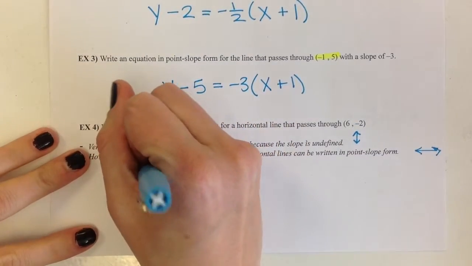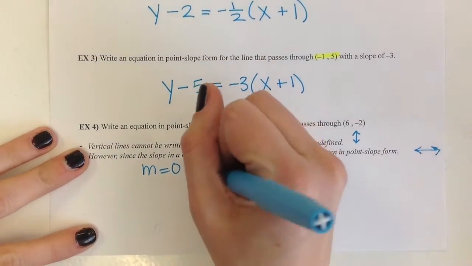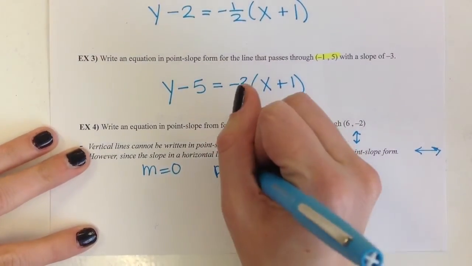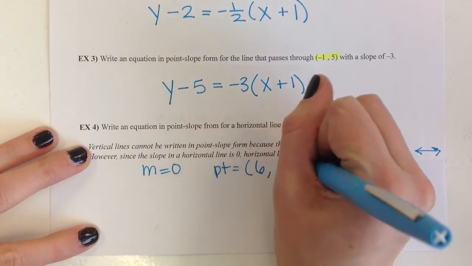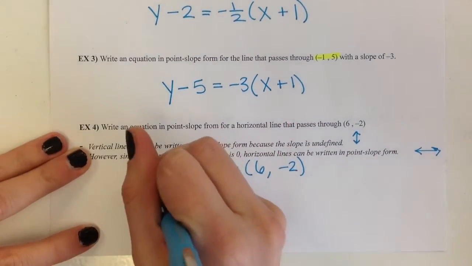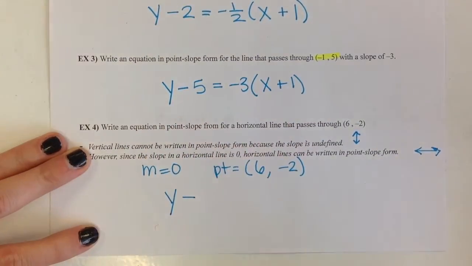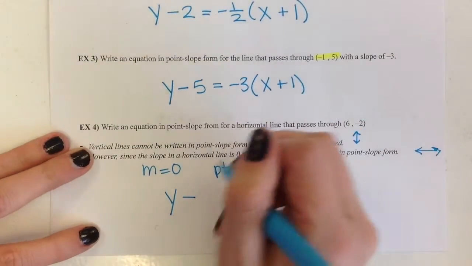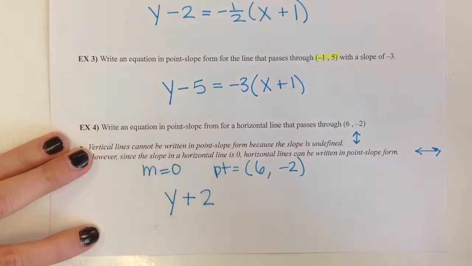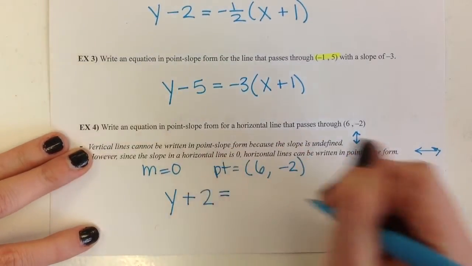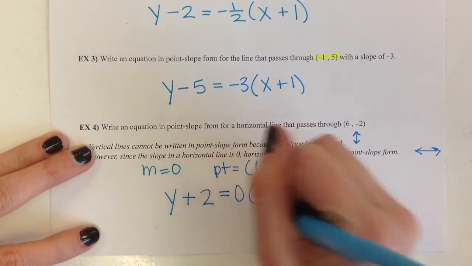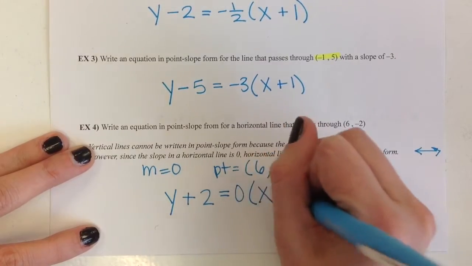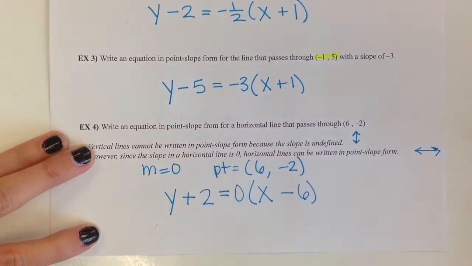So our slope is 0, the point is (6, -2). So we have y minus our y value, which is -2, so minus -2 is plus 2, equals our slope of 0 times x minus our x value of 6.